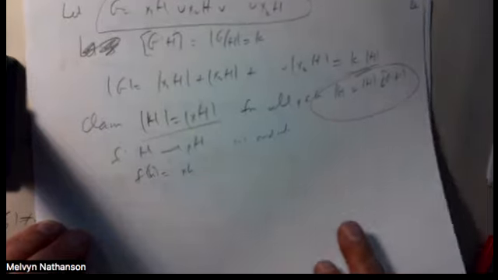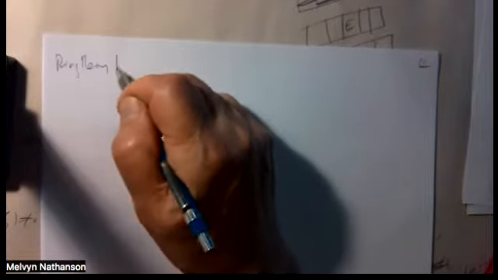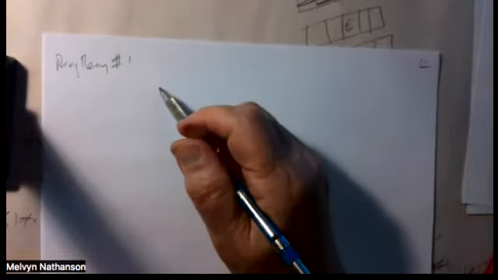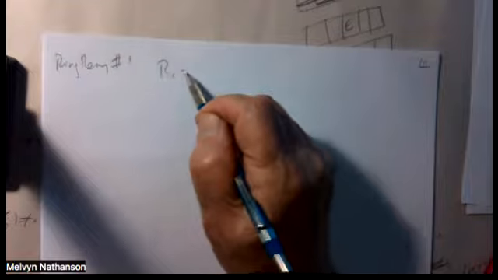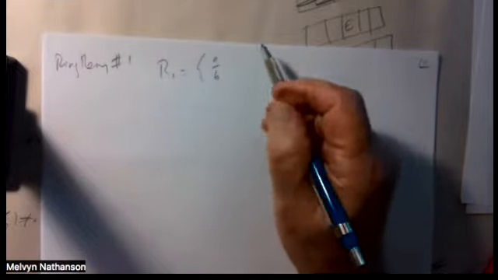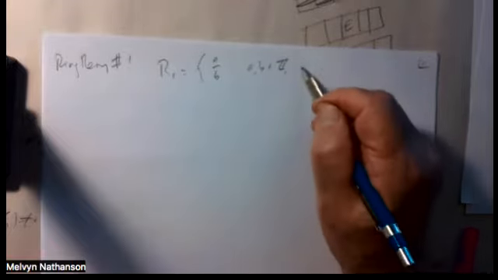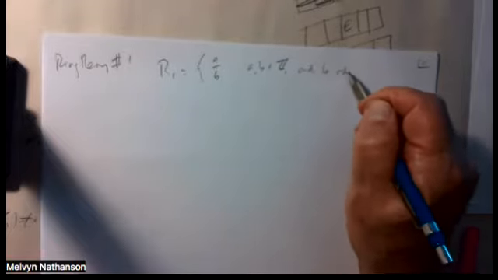This is the ring theory set of questions. So we let R1 be the set of all fractions A over B, where A and B are integers, and B is an odd integer.